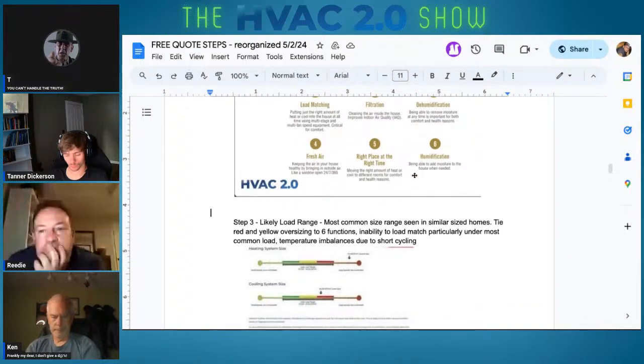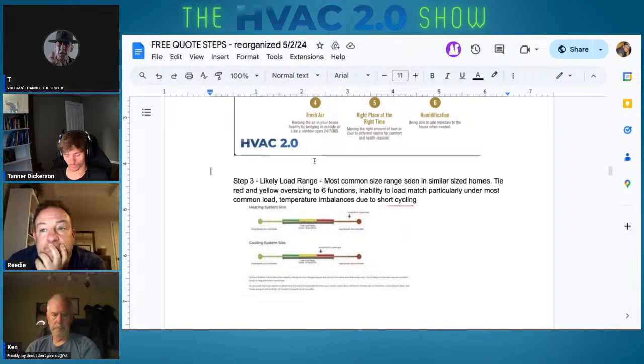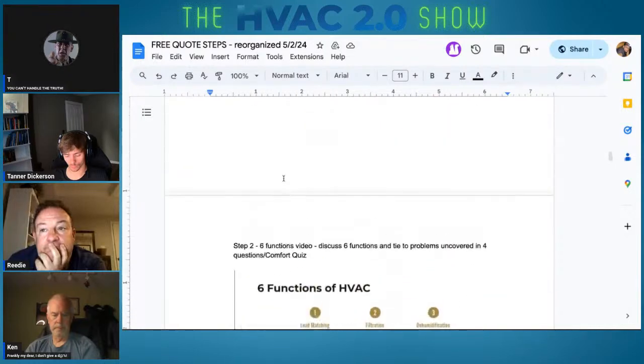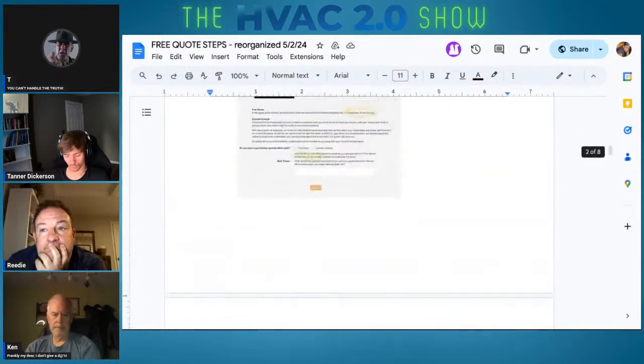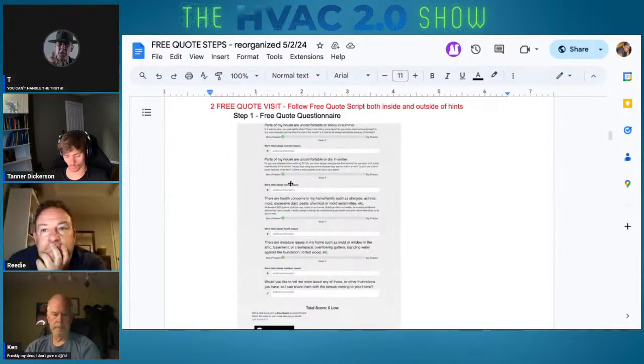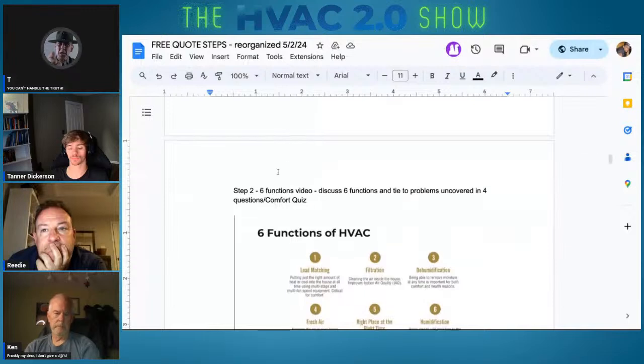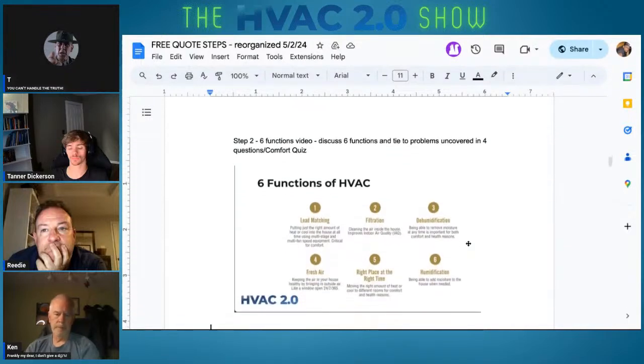Or, you know, for good load matching. And then likely load range. I'm hoping by having it in this order, if you get any problems here, you can tie those problems to the functions that are dysfunctional.